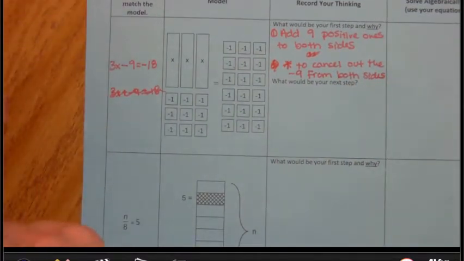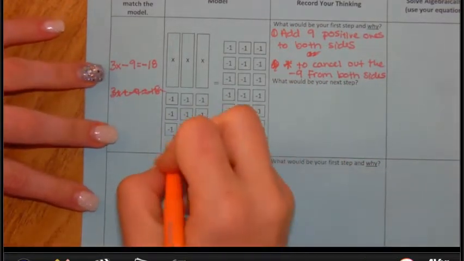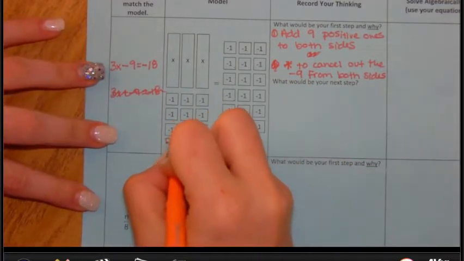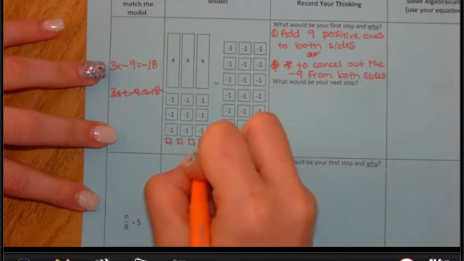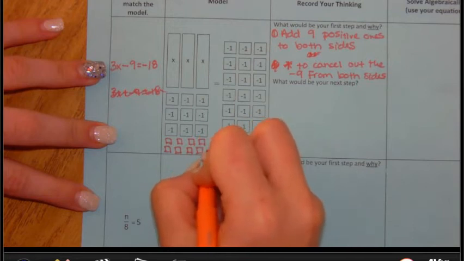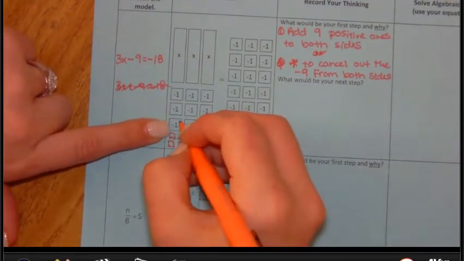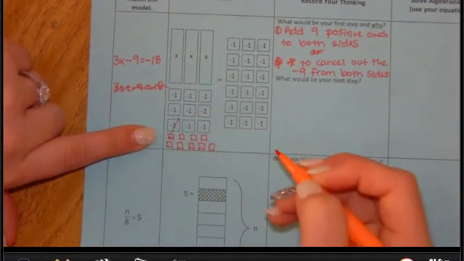Okay. So think about it. You guys probably remember dealing with green chips and red chips. One red chip is a negative, one green chip is a positive. So if I were to add 9 positive ones here, so 1, 2, 3, 4, 5, 6, 7, 8, 9. If I were to add 9 positives to this side, well, one negative and one positive, they cancel each other out.